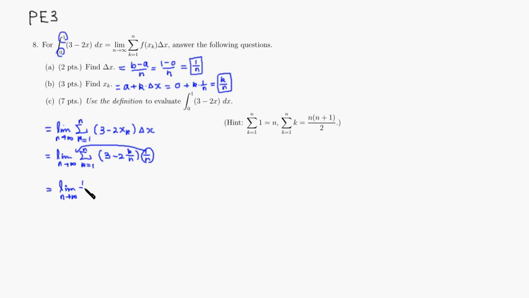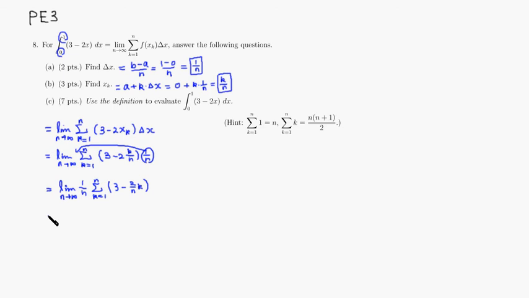So you have a 1 over n, you have a summation, k goes from 1 to n of 3 minus 2 over n k. Then I'm going to split into 2 summations.